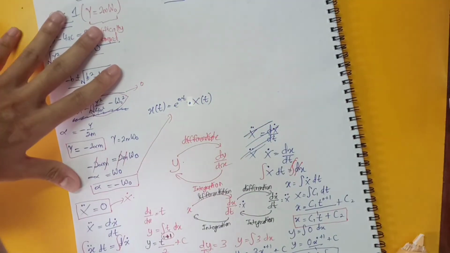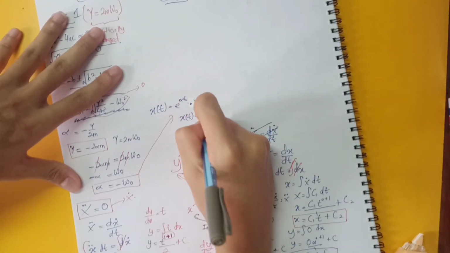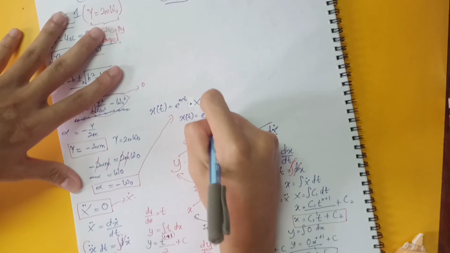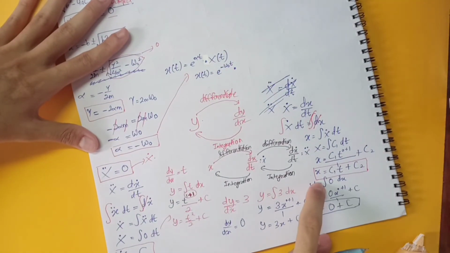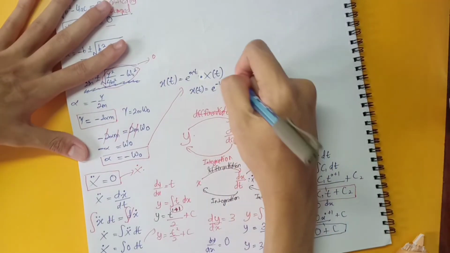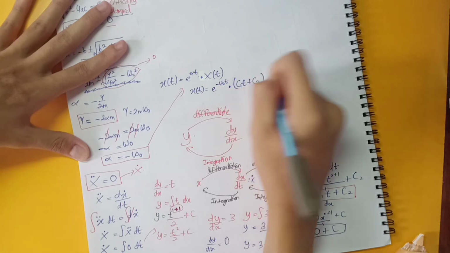So by substitution, x(t) is equal to exponential of negative omega naught t times c1t plus c2.